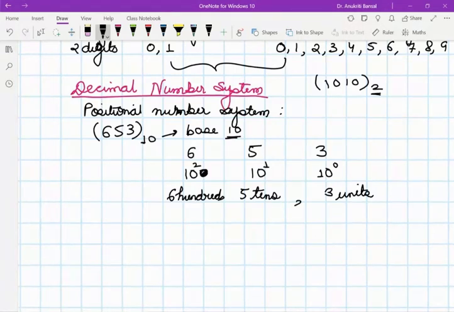Okay. And when we multiply these weights with the respective digits and add them together, we get the original number. Okay, is it clear?